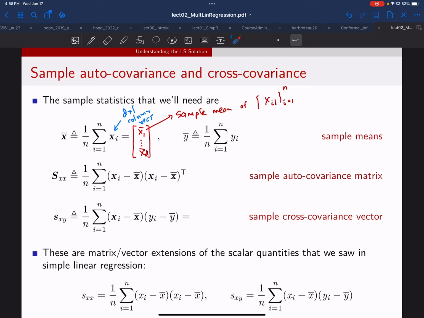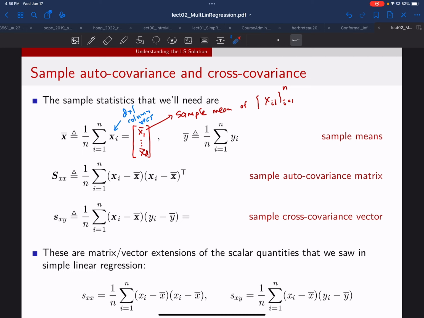When i equals 2, that's all those things for the second patient, and so on. So this average is across patients in the case of our diabetes data set. If body mass index is the first feature, the first element here would be the average body mass index across all our patients.